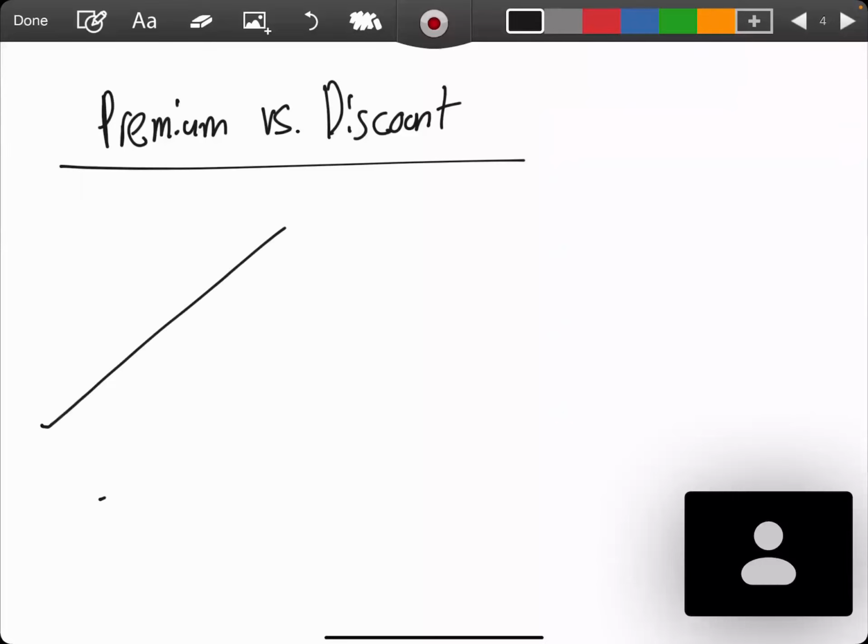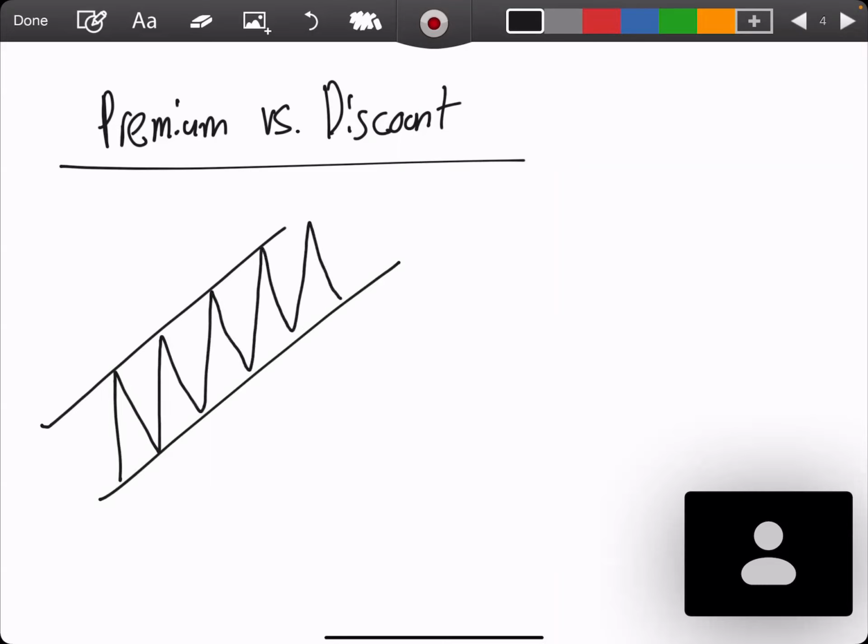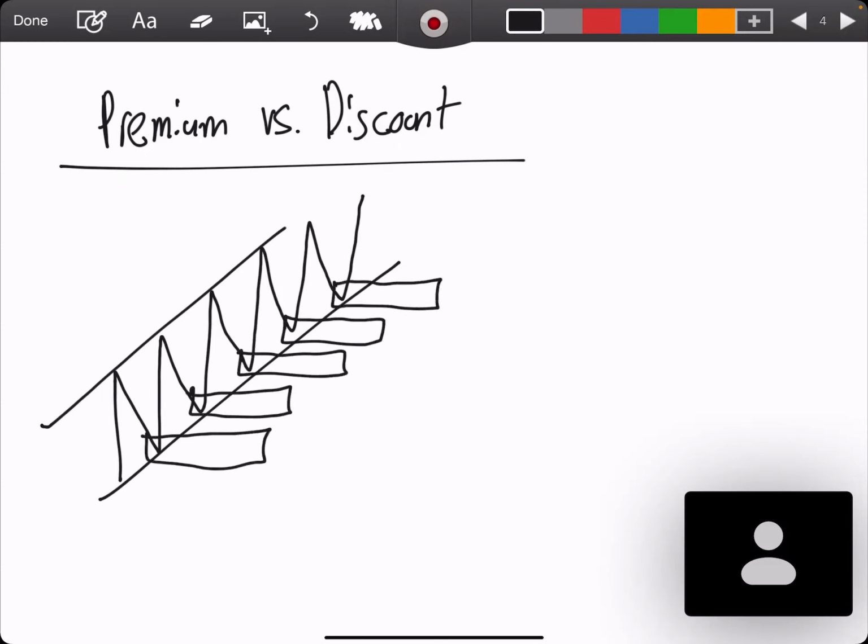So if we're looking at price in an uptrend, every time price comes down to touch some demand or to follow the order flow, that is going to be our discount. This is if we're bullish, of course. Now our premium is going to be up here.